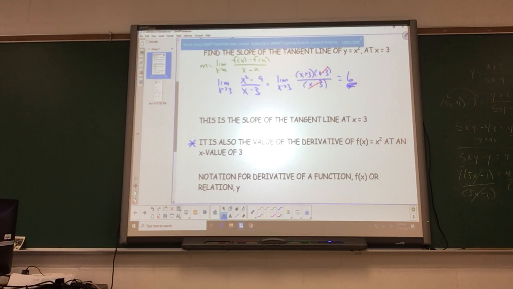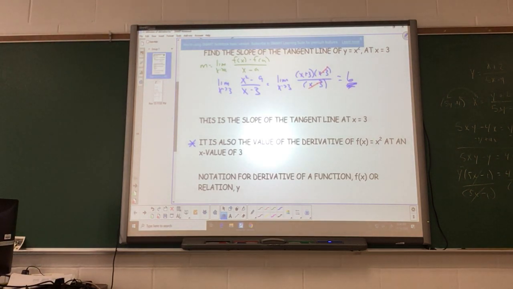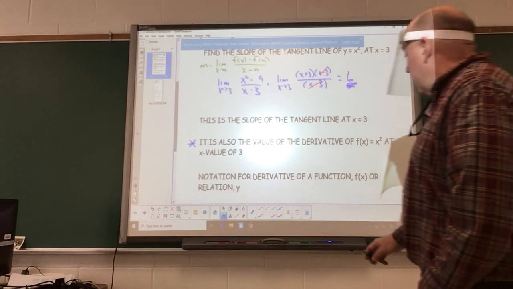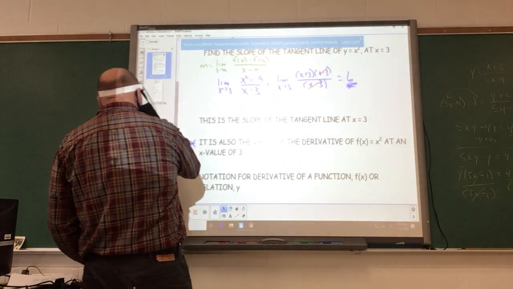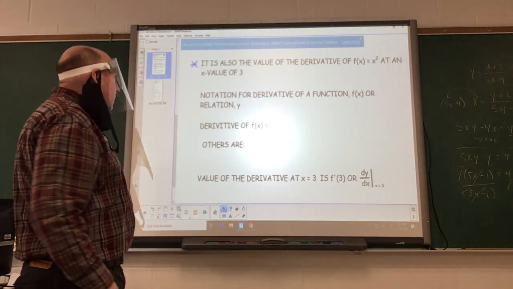We've done derivatives already. We've done values of derivatives. We just didn't call them that. We just said, well, what's the slope of the tangent line? And we looked at delta y over delta x as x gets closer to our specific value, and we found the slope of the tangent line. We were a delta epsilon away.